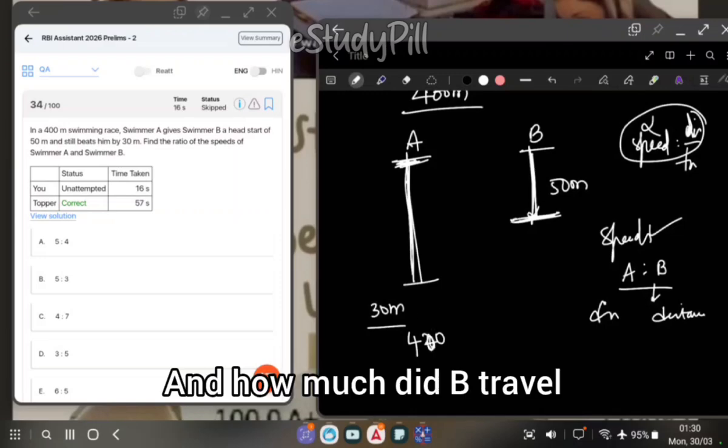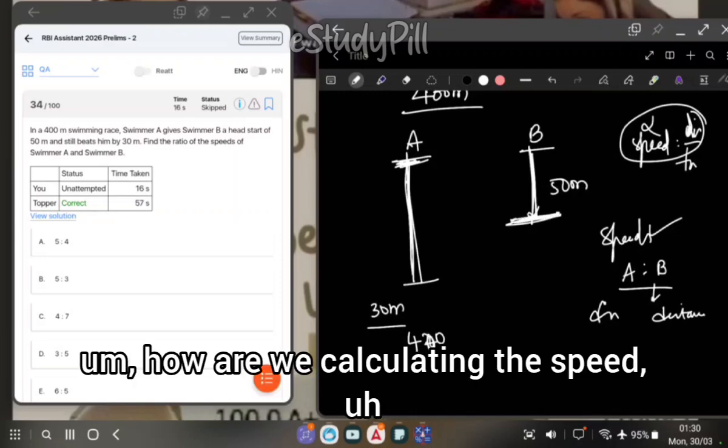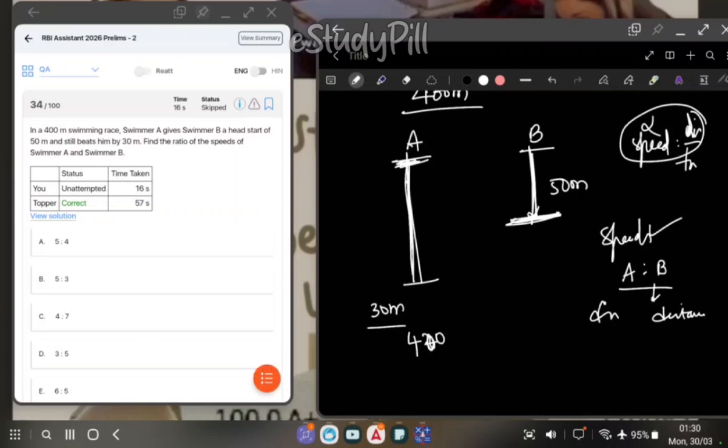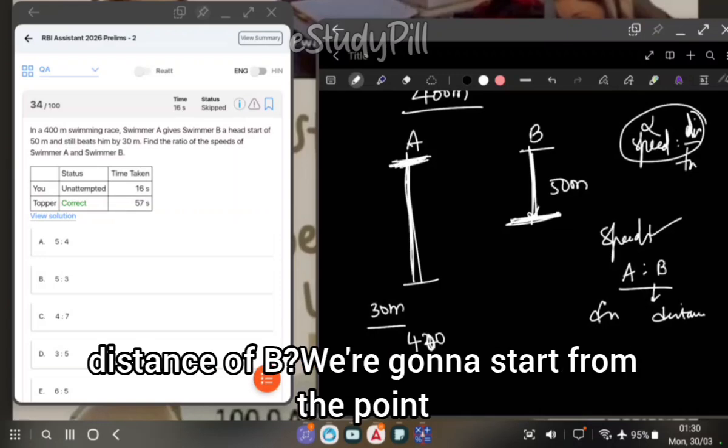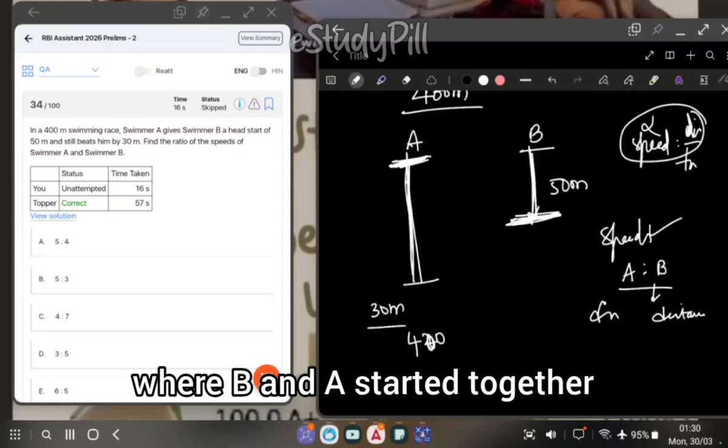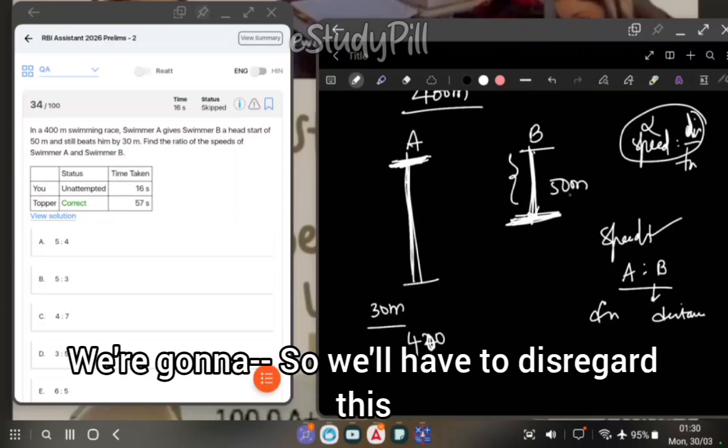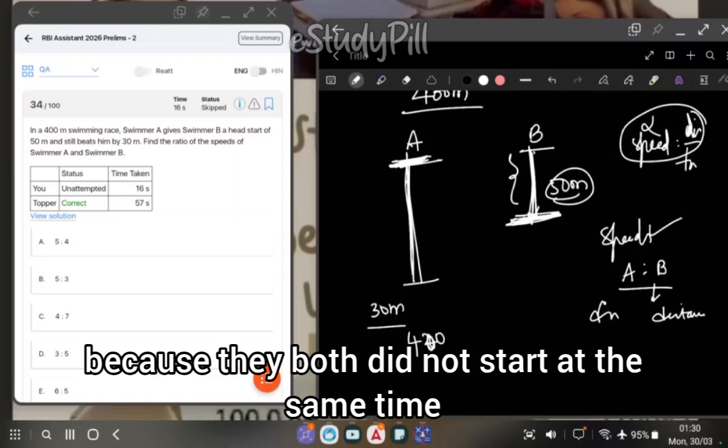And how much did B travel? We're going to start from the point where B and A started together, so we disregard the head start because they did not start at the same time.